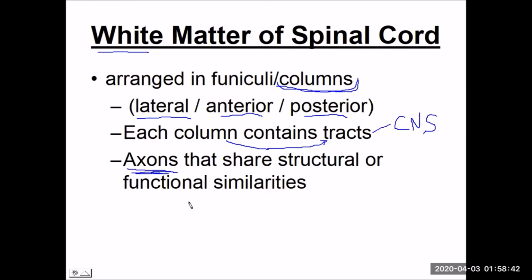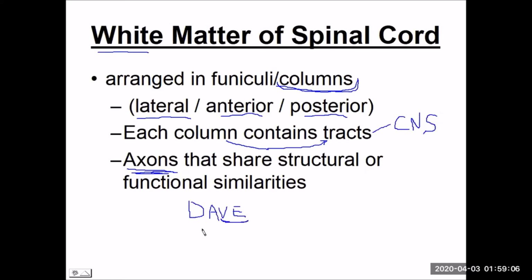And again, DAVE applies to both the gray matter and the white matter. So that would mean the function of an anterior white column, the ventral or anterior white column, would definitely have a motor function.